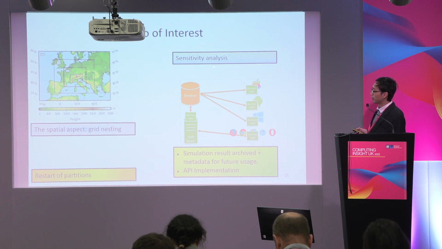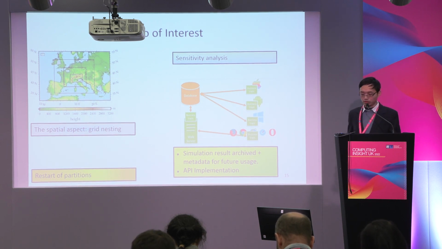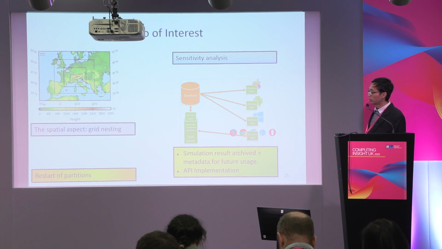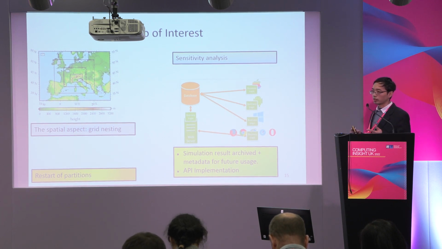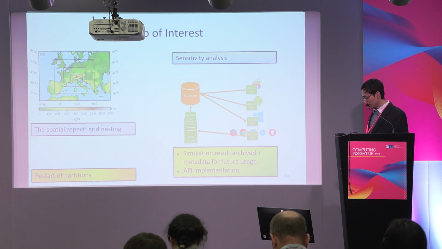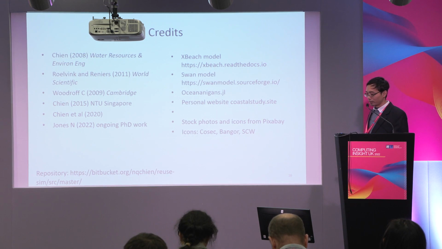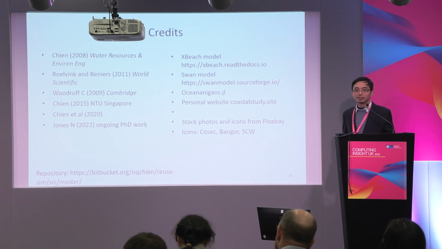We can have different sensitivity analyses to see if the model runs correctly, and also provide better access to the data, because when we store large amounts of data like this for future reuse, we have to make sure how future users can make use of it. Okay, so thank you for your attention.